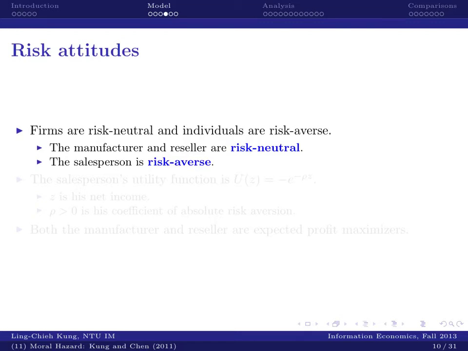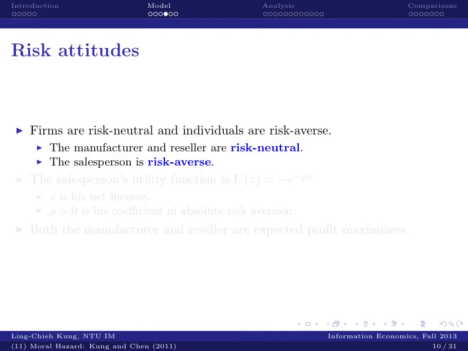We also need to specify the risk attitudes of these players. As a standard assumption, we say that firms are risk neutral and individuals are risk averse. To make this assumption, we are assuming that the larger the entity, the less risk averse they are.